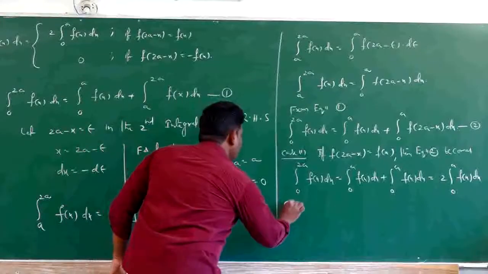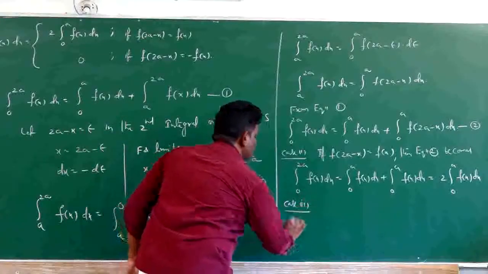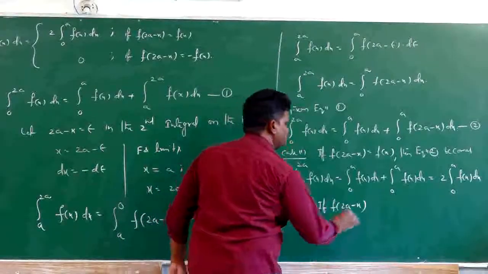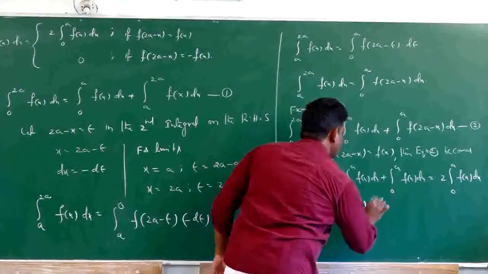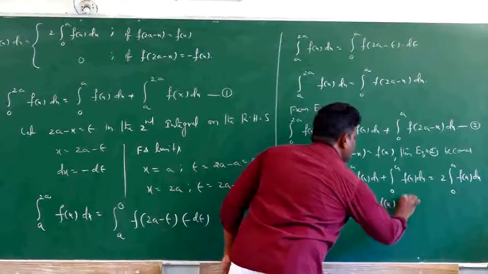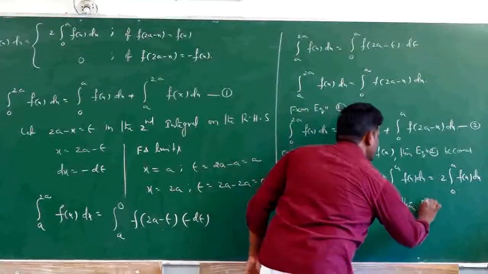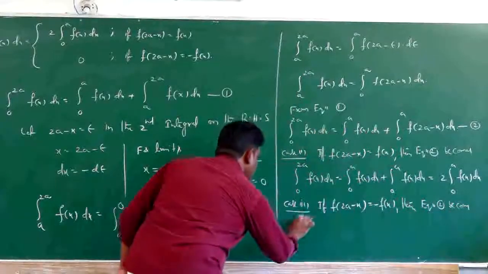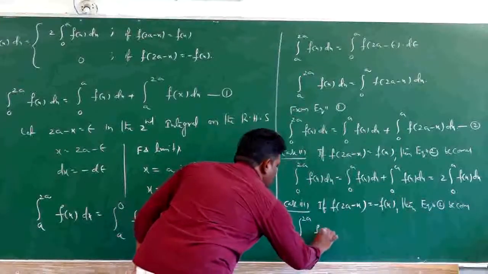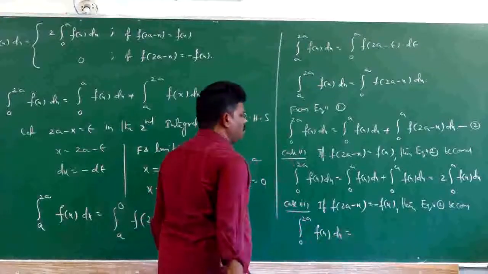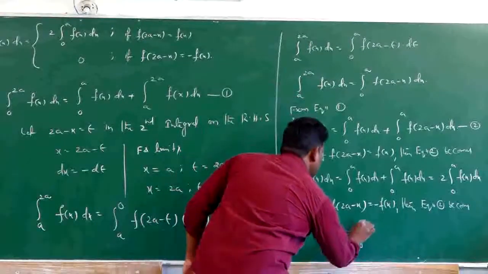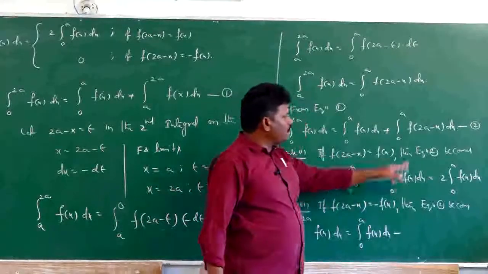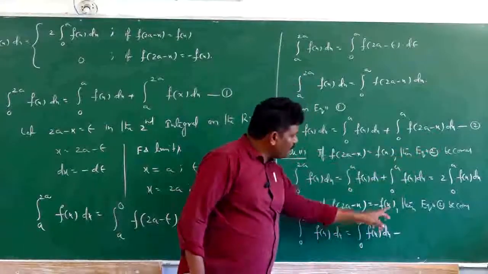Now case 2: if f of 2a minus x is equal to minus f of x, then again equation 2 becomes integral 0 to 2a f of x dx is equal to integral 0 to a f of x dx minus integral 0 to a f of x dx, since f of 2a minus x is equal to minus f of x.